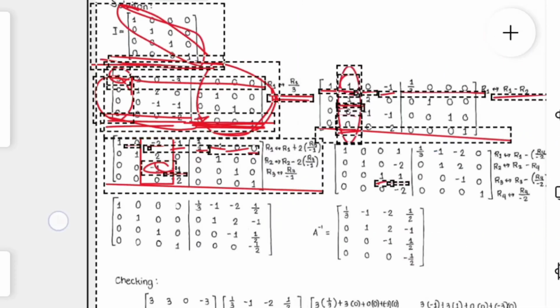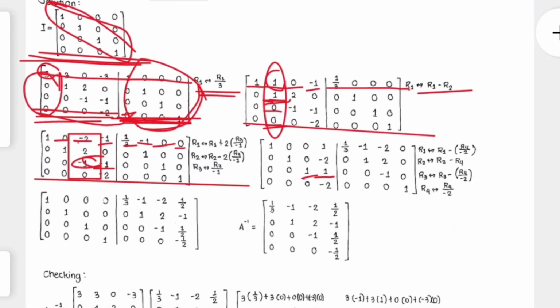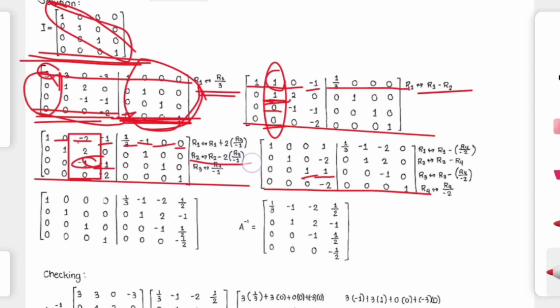So now let's focus on the fourth row. For the fourth row, it has already been established the 0 here, so we don't have to change anything, and we just copy it like this. And for row 2, since we have the 2 here, for this to be 0, we have r sub 2 minus 2 times r sub 3 over negative 1.